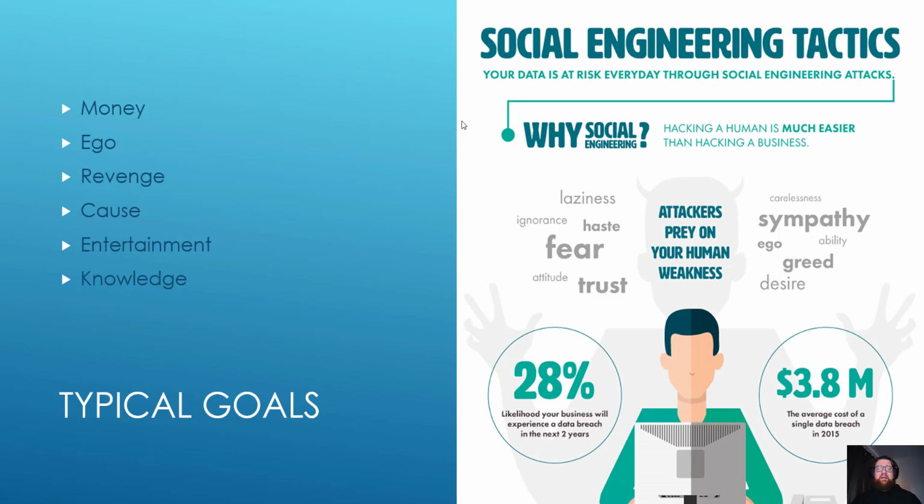A cause, like an activist hacker who says you're doing something wrong, like testing medicals on animals and we don't like it, so we're going to hack your company. Entertainment also, it's fun. I will do that because I know how to do it. And knowledge, I learned a new technique and I want to try it.